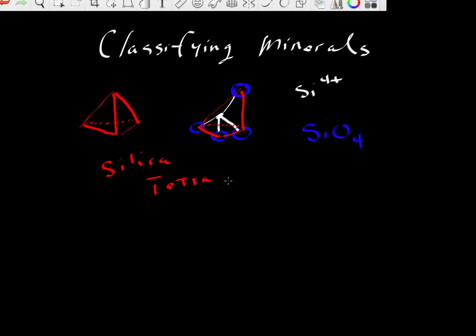So tetrahedron. Tetra is the Greek root for 4. So this is just saying that we have a 4-sided figure. And that has a lot to do with the geometry of the way silicon and oxygen pack together.